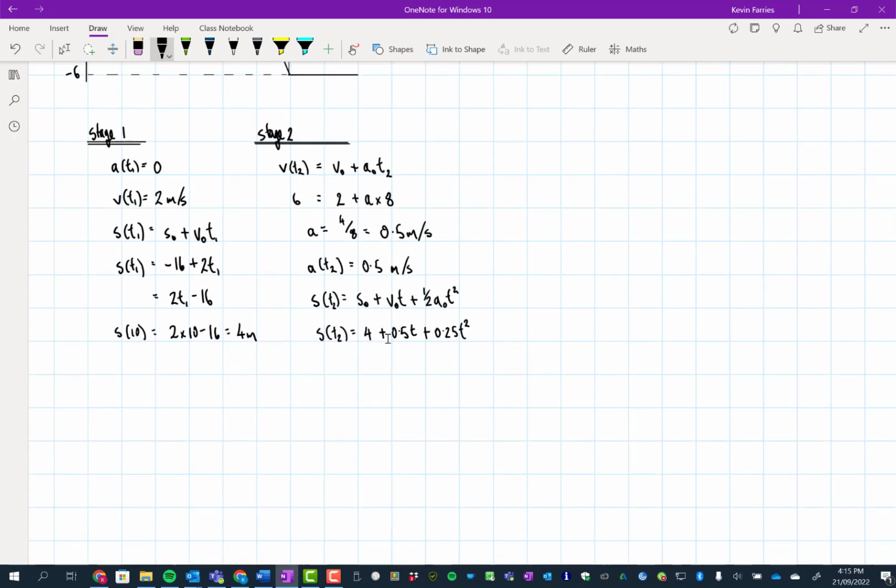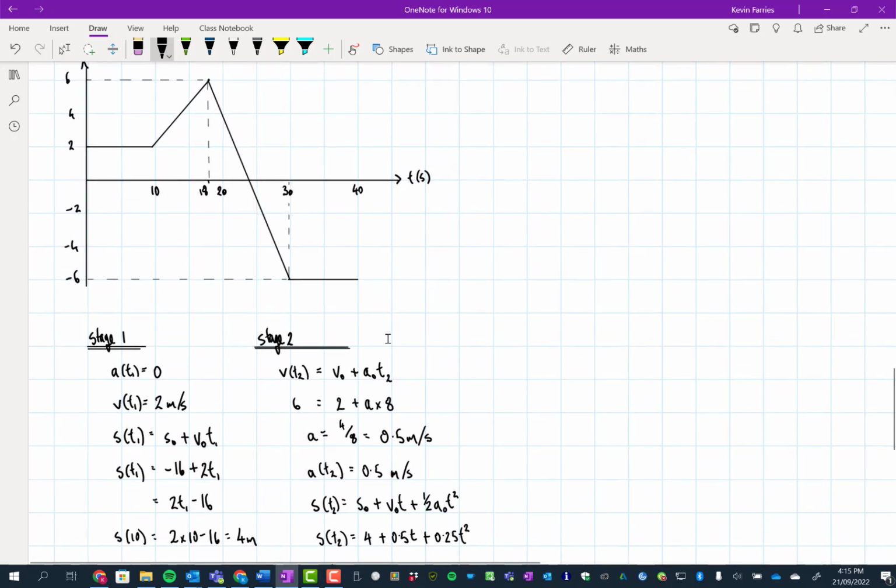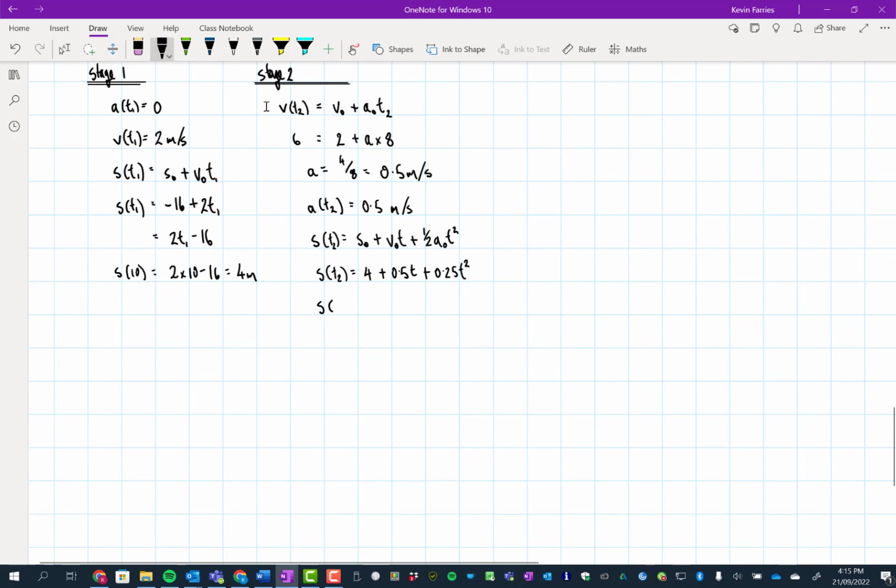What we can do though is just figure out what would the displacement be at the end of the stage. So that's the start of stage 2, it's at 4 meters. At the end of stage 2, 8 seconds is the total length of that stage. So the displacement at 8 is going to be 4 plus 0.5 times, this is all t2, so we've reset that t to start again as soon as it comes into this stage.